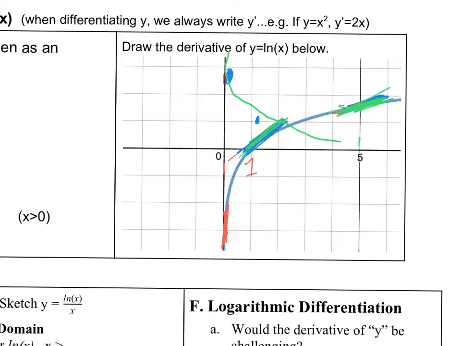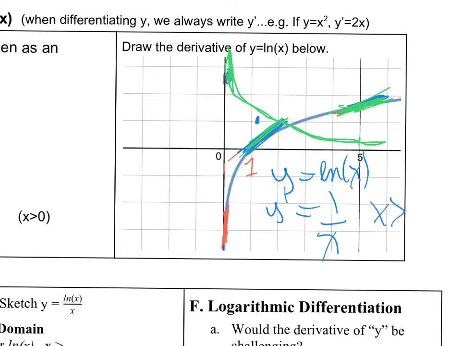So if we were to draw the graph of the derivative of ln x, that does look like a reciprocal function. We know that much. But in fact, if y equals ln of x, y prime is actually 1 over x. But notice x has to be greater than 0. That's because normally if you were doing the graph of 1 over x, it would have a branch over here as well, right?